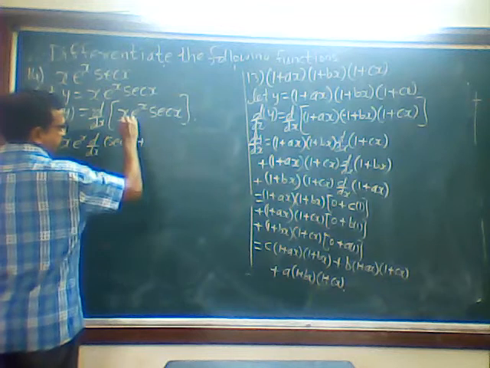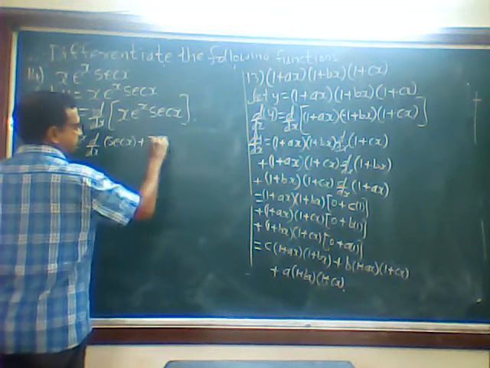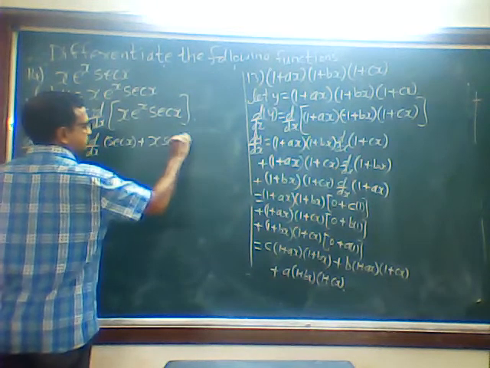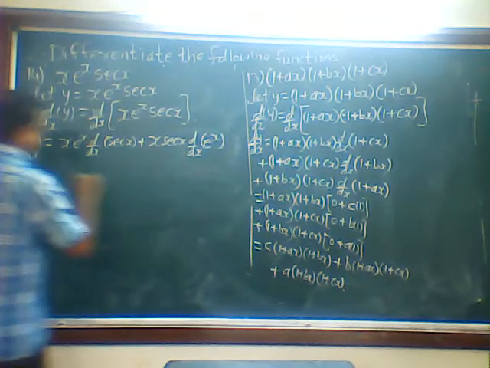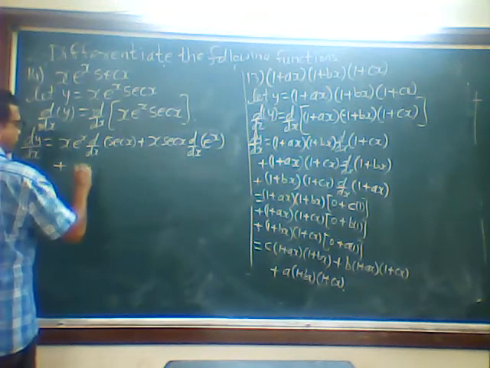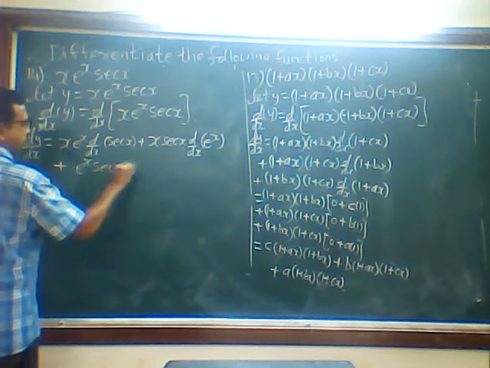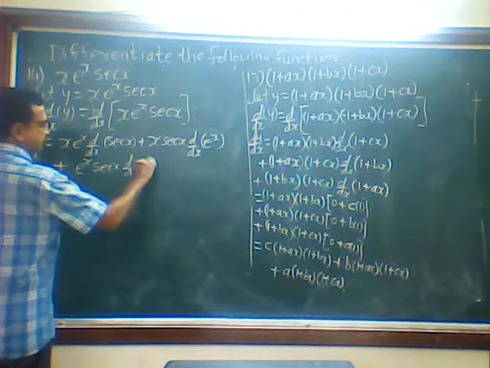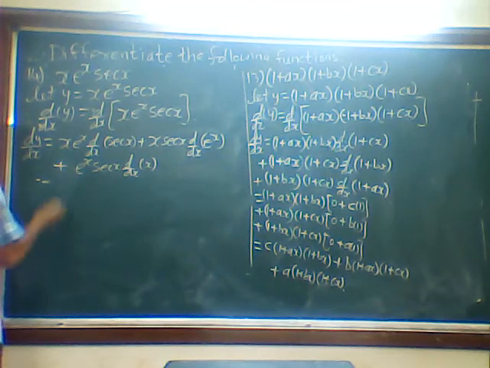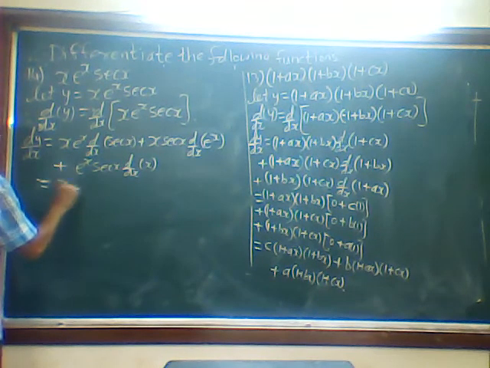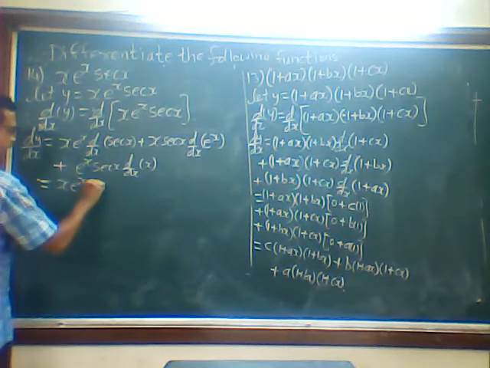Now I want to do first and second term, third term I will take, second term I will take. Plus e raised to x sec x as it is, d by dx of x. x e raised to x, d by dx of sec x is what?